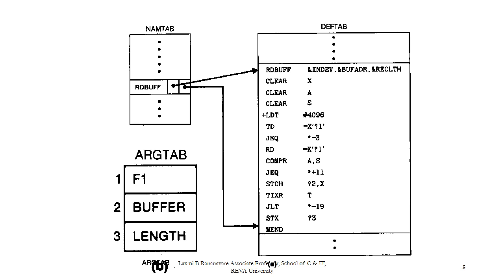definition of the macro. Similarly, the second argument, that is the parameter buffer address, is used in the statement stch question mark 2. That means it is referring to the second parameter in the definition. Similarly, in the stx statement, it is referring to the third parameter in the definition of the macro called read buffer.